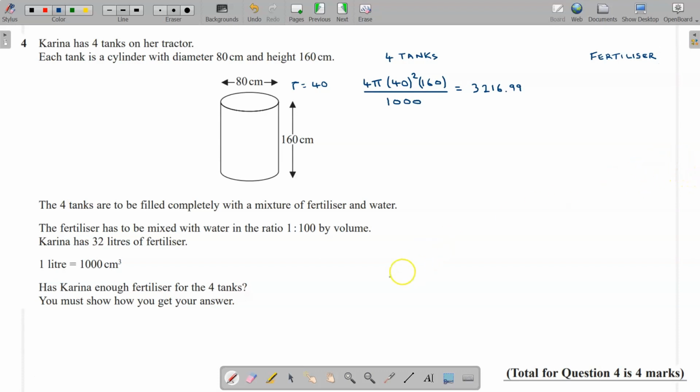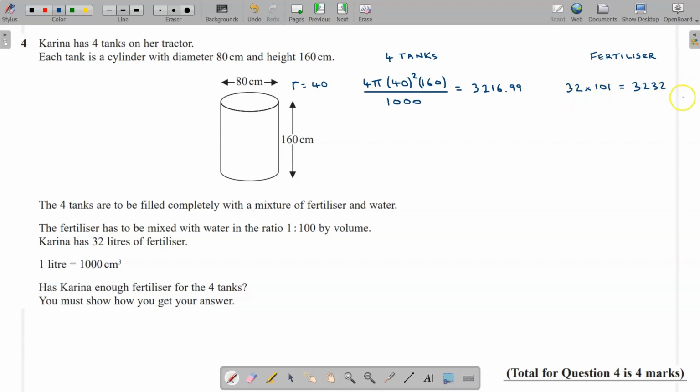Okay, because it's the 32 liters of concentrate plus another 100 times that of water. So the fertilizer is going to be 32, okay, times 101, which is equal to 3232 liters.